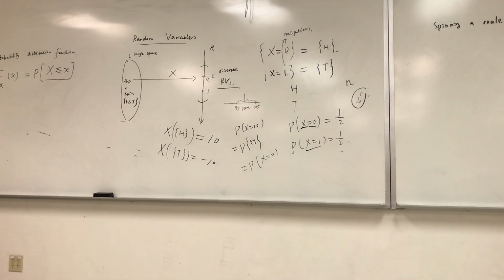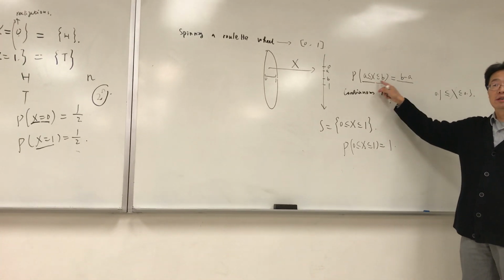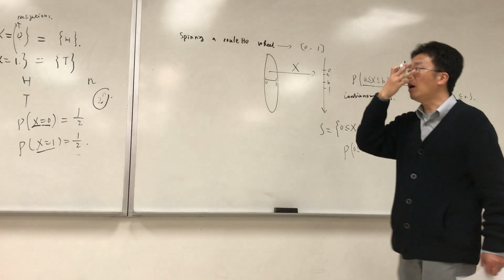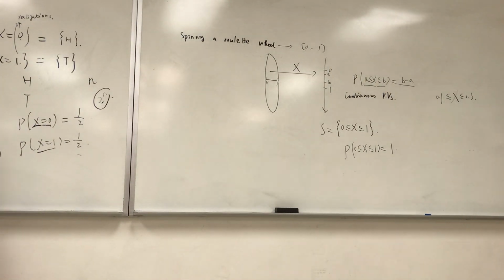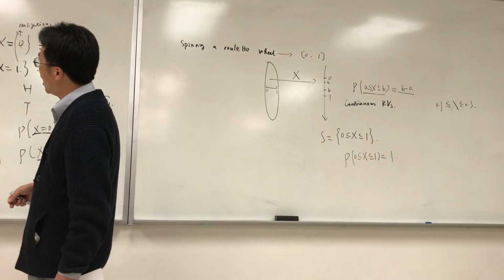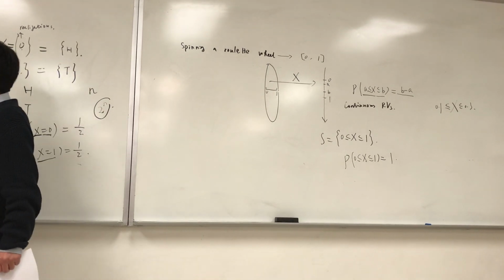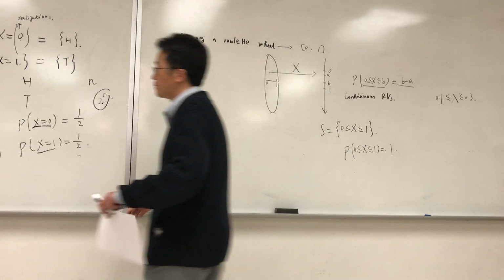But for this continuous random variable, obviously, the number of subsets will be infinity, right? That's the difference. Okay, so now let's try to build this probability distribution function for both random variables.